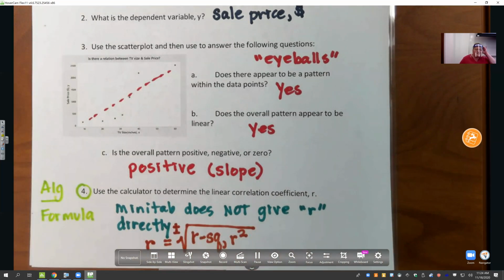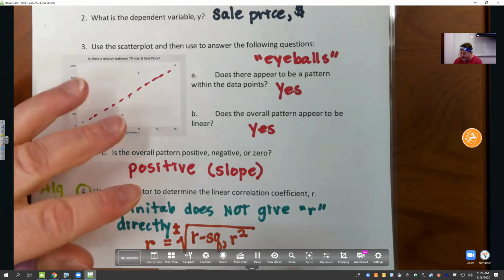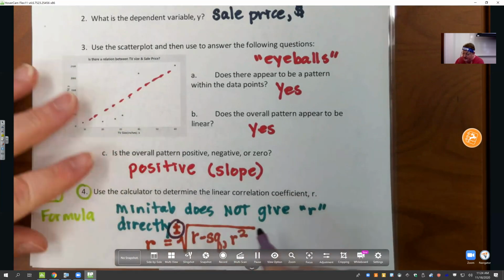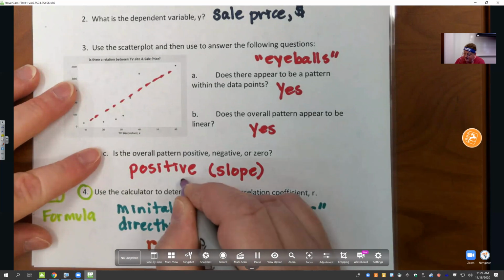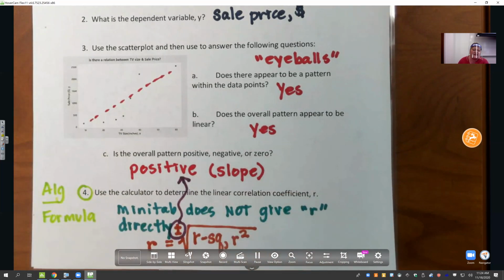So I'm going to take the square root of the R squared value to find R. The biggest challenge with doing that is you have to be careful about the sign. That sign should match whatever you've said about the pattern. Is the pattern positive or negative or zero?